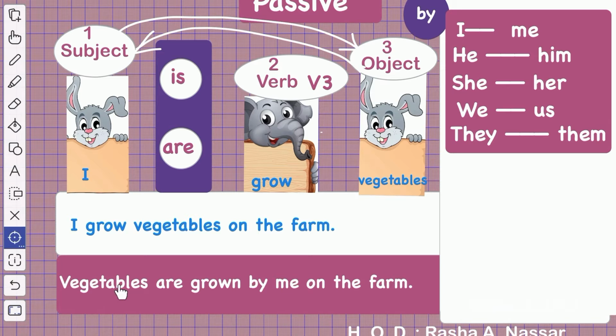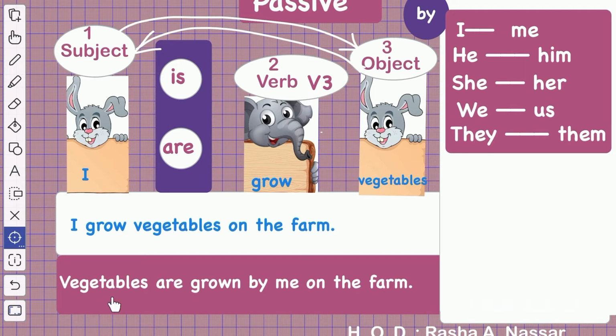We begin our sentence with the word number 3 and then we will choose is or are according to the object, or according to the first word in the sentence. If the first word in the sentence is singular, we will choose is.